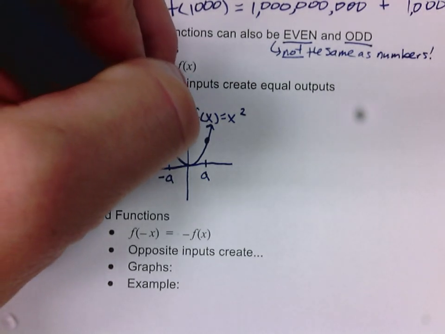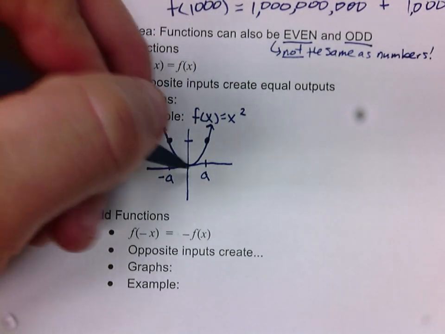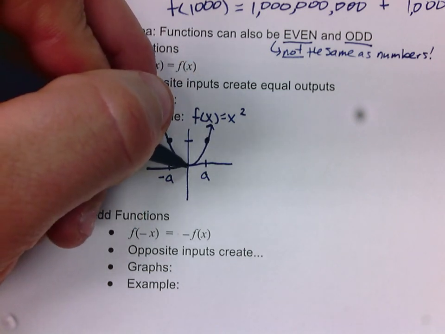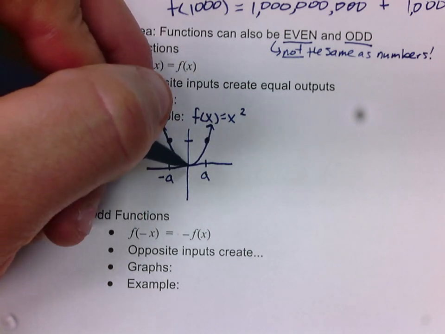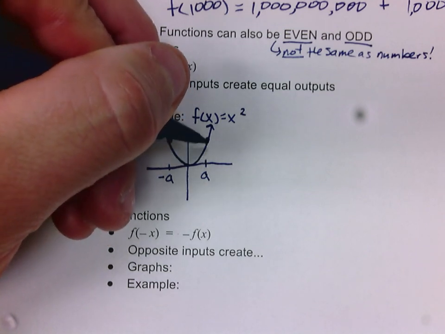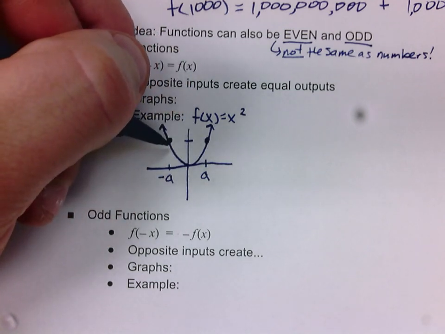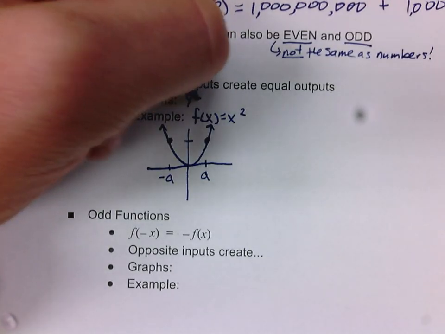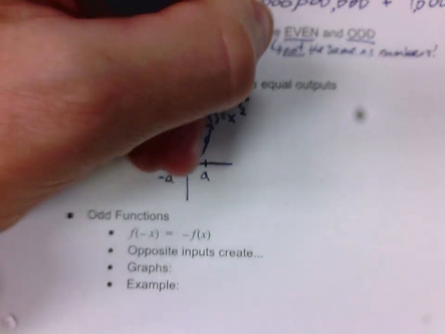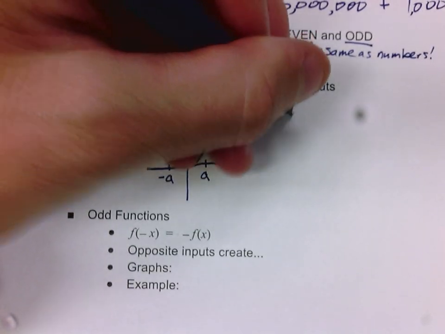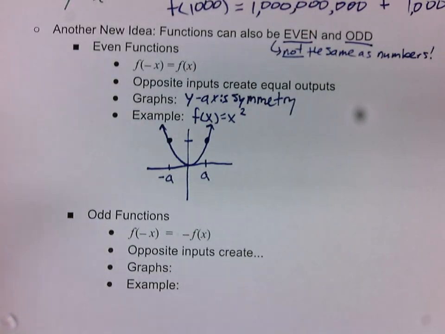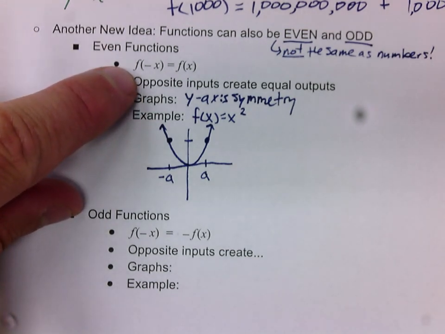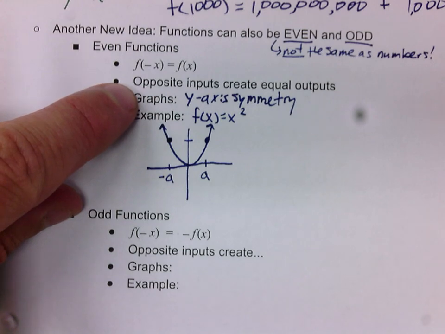So any graph that's even has some symmetry here. If we go back an equal amount as we go up, they produce the same exact output. And what this does is it makes the graphs have y-axis symmetry. So the special thing about even functions is that opposite inputs create equal outputs, which creates y-axis symmetry.